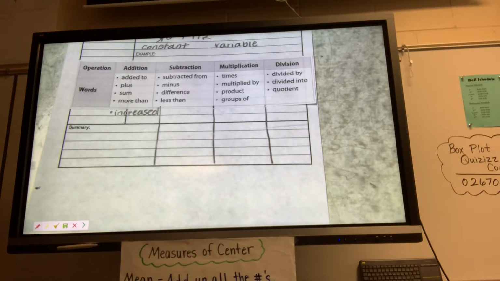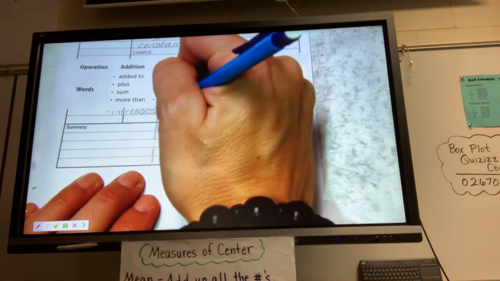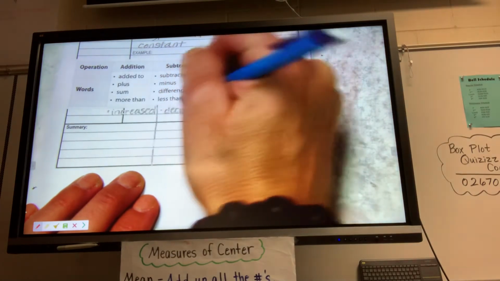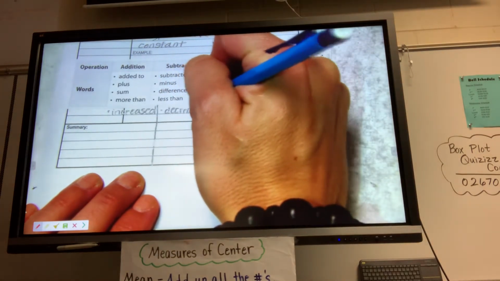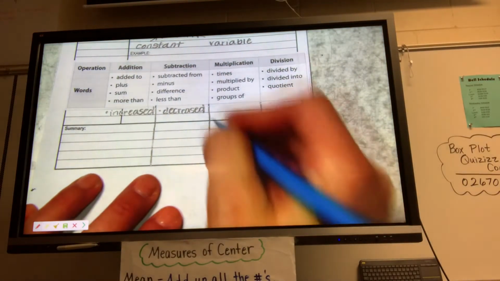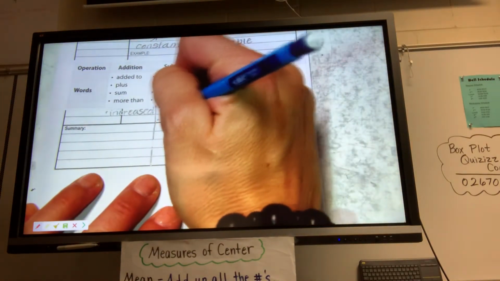So for addition, you might see the word increased. That might be another word that they say. And then when you see that, then you know that you need to add, you need to have a plus sign. For subtraction, you might see the word decreased. Fewer than.